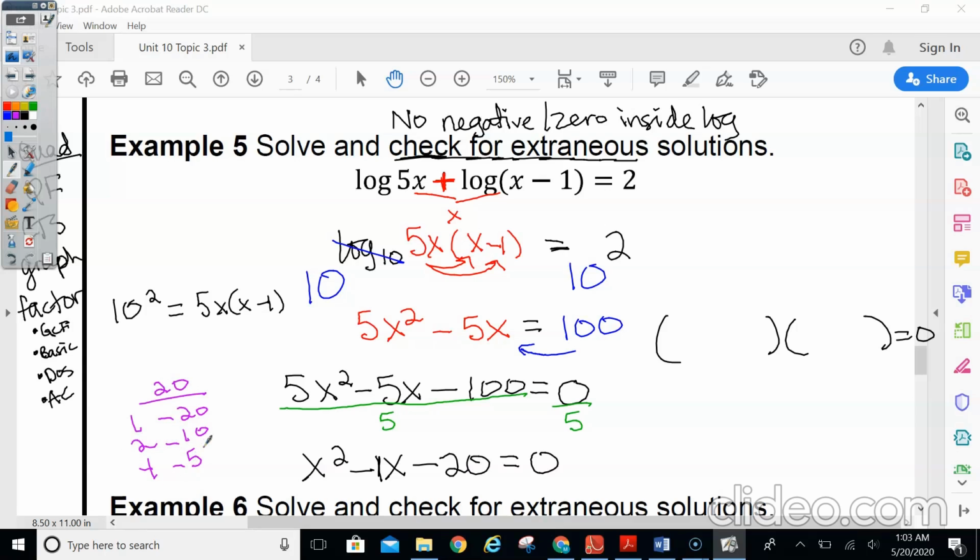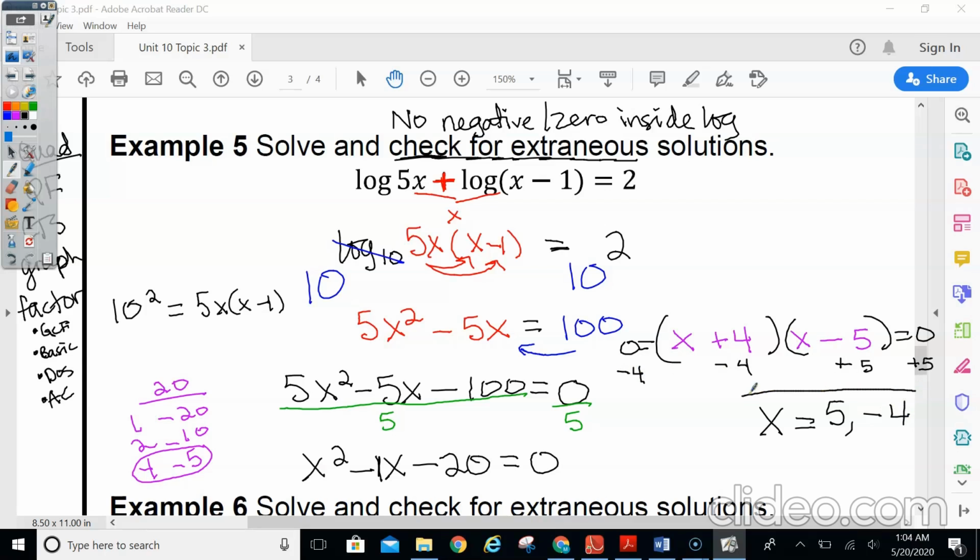So to give me negative 1, I want x plus 4 and x minus 5. When I solve, remember you use the zero product property, you set each factor equal to 0. If I add 5 here, I get x is positive 5. If I subtract 4 here, I get x is negative 4.